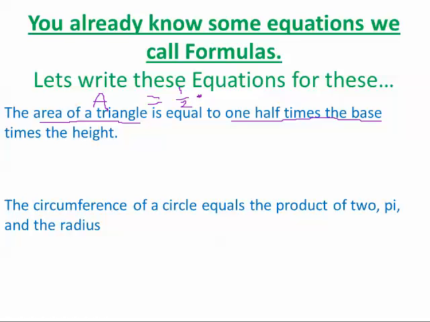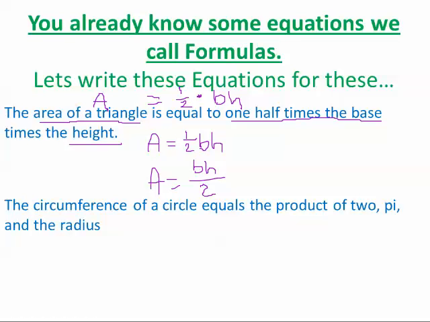Times the base and the height. So I'm going to write this in different ways. We could write 1/2 BH. If you think about that for a minute, that's the same as BH over 2, taking half of the base times the height. So either one of those would be good answers for this question.